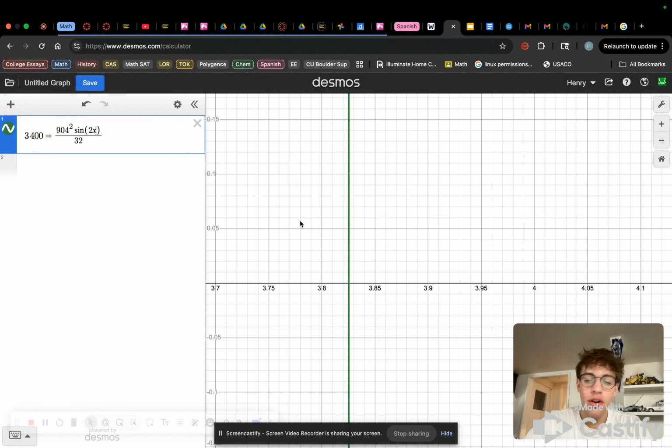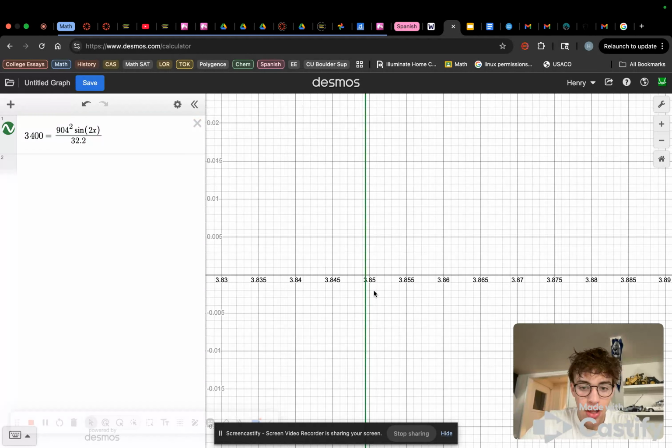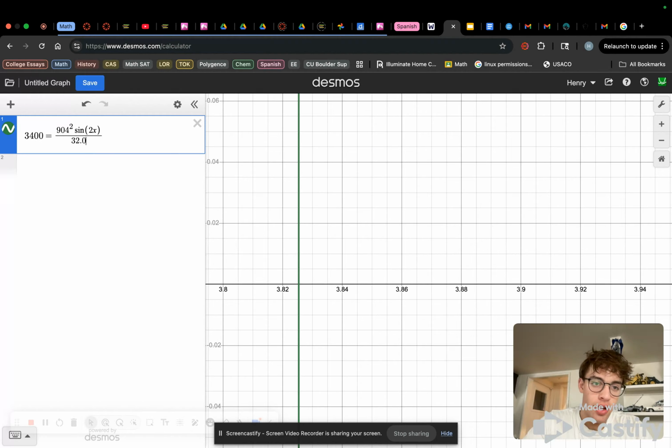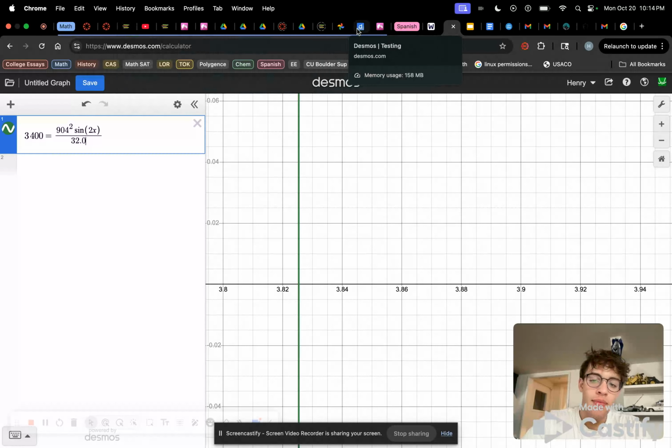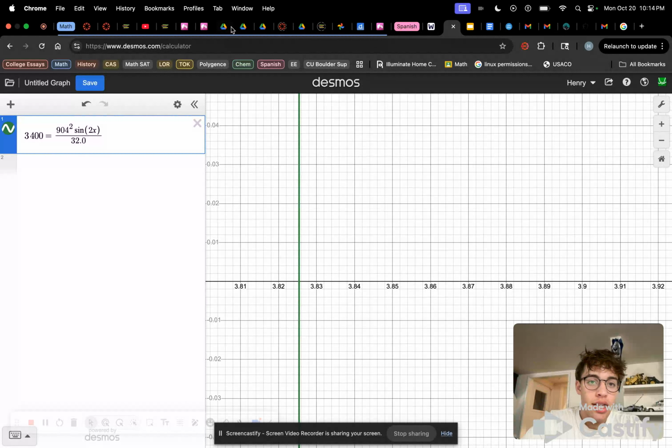Depending on your value for gravity, it could vary. If we were to use a more accurate 32.2, it would be closer to 3.85, but I think the textbook says 3.20. I guess just go with 3.83 as an accurate value.